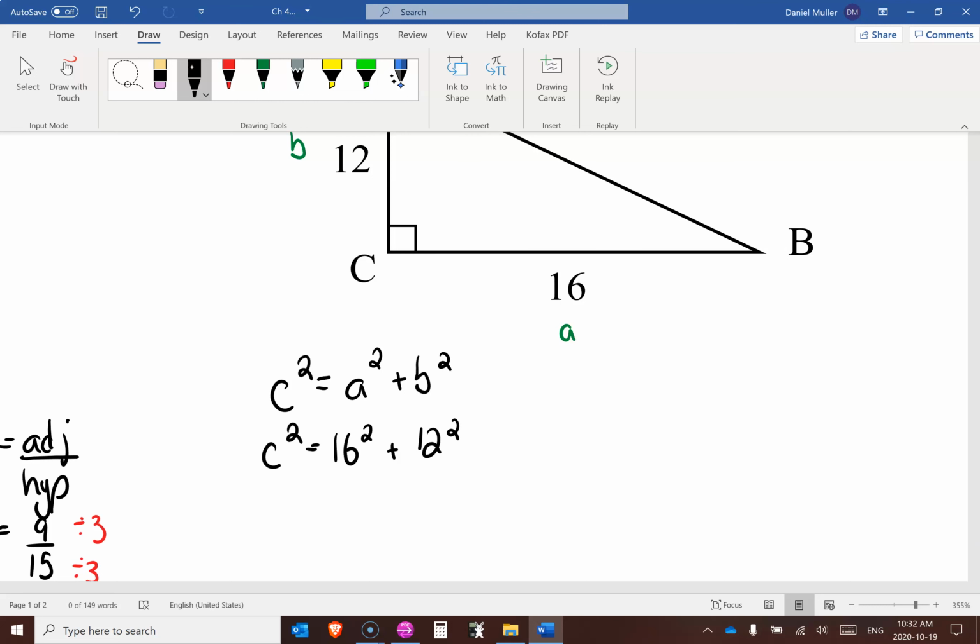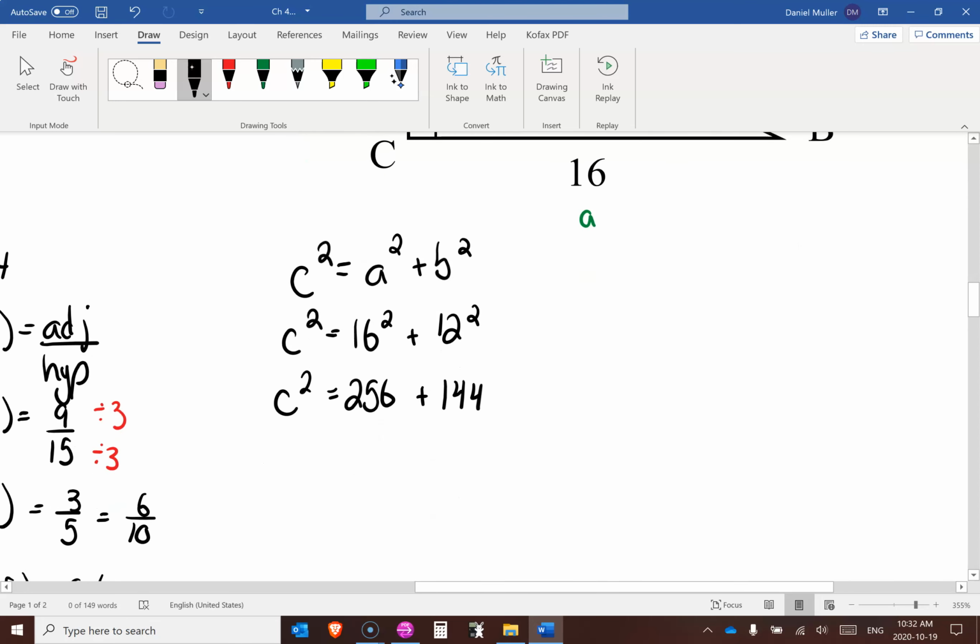So C squared equals 16 squared, which is 16 times 16, you can do it off to the side if you want, but it's 256, plus 12 squared, which is 144. Now if you added them, C squared equals 400. Okay, so exactly 400.